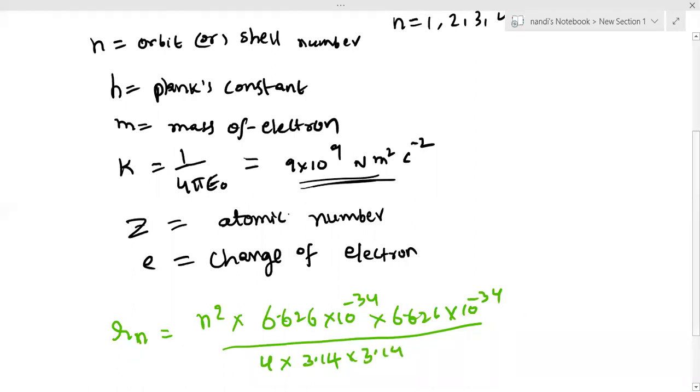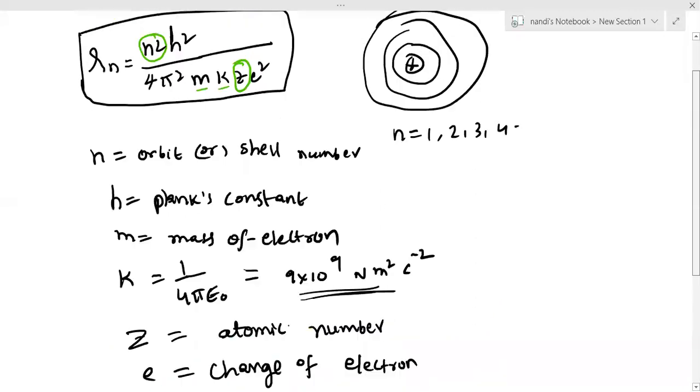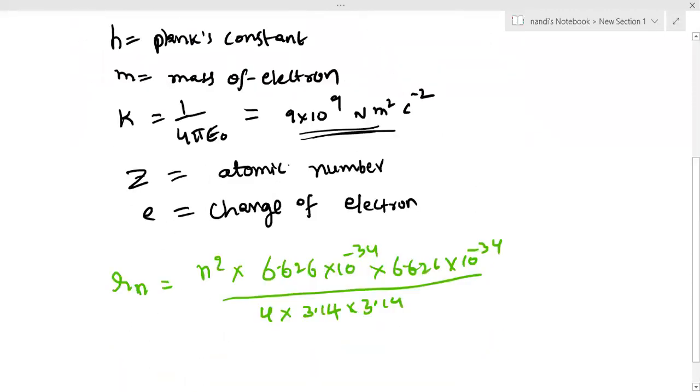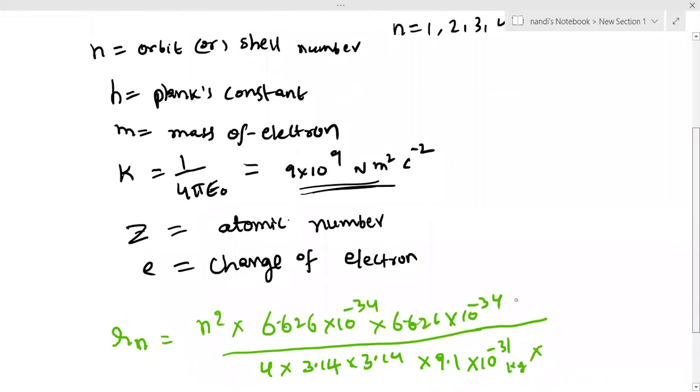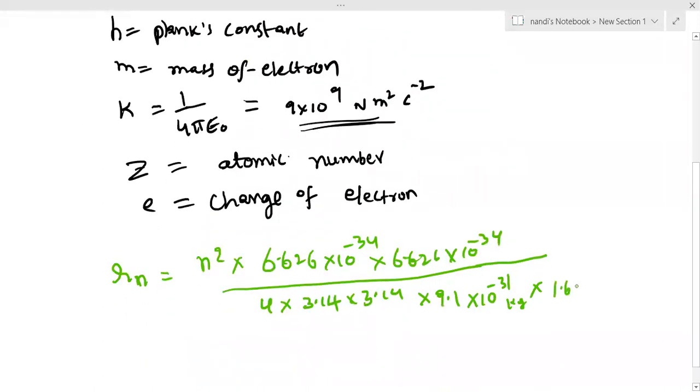Next, M, mass of electron, is 9.1 into 10 power minus 31 kg, all in the SI system. Next, electron charge 1.6 into 10 power minus 19 coulombs, squared, into Z.